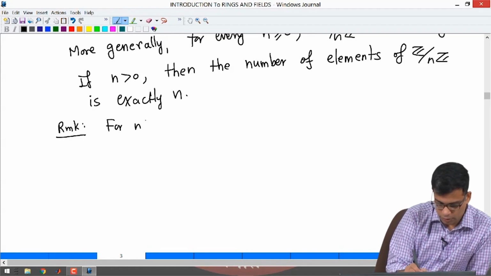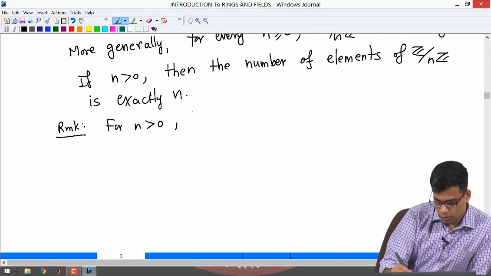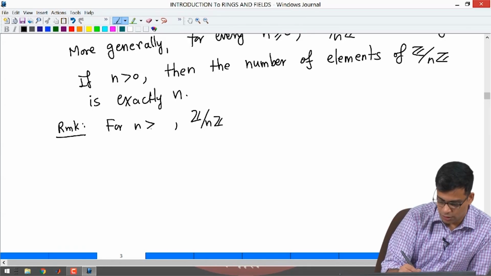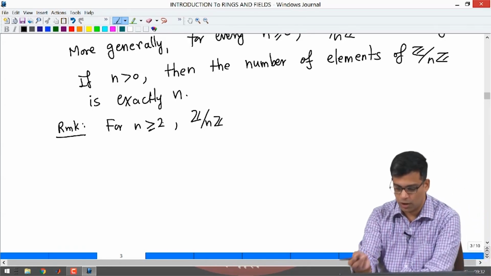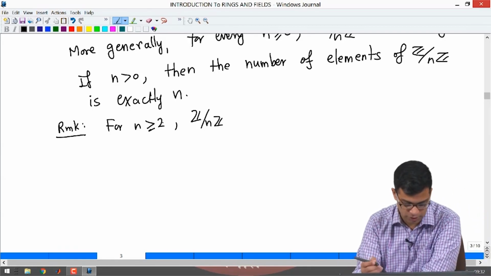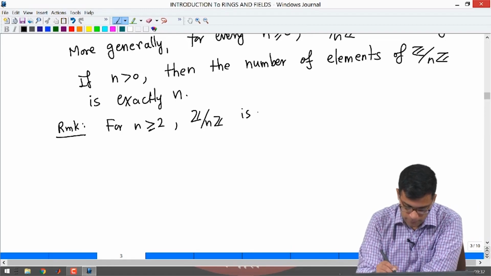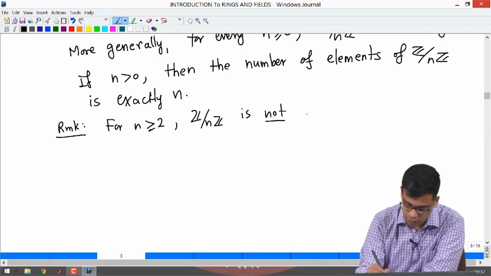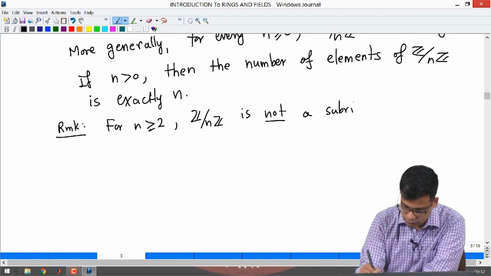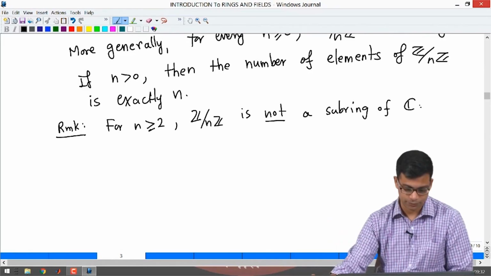For n positive, let us say n at least 2, because for n equal to 1 you get the 0 ring, that is certainly a subring of C. So, it is not a subring of C.